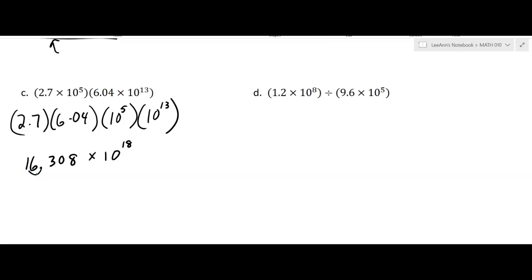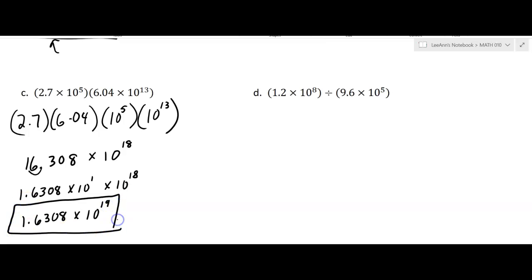If you want to think of it that way, you could, but it might be easier to just think 1.6308 times 10 to the first times 10 to the 18th, and then think of it as 1.6308 times 10 to the 19th. That's the tricky part, is you do the multiplication and then you can't leave it that way because it's not between 1 and 10.